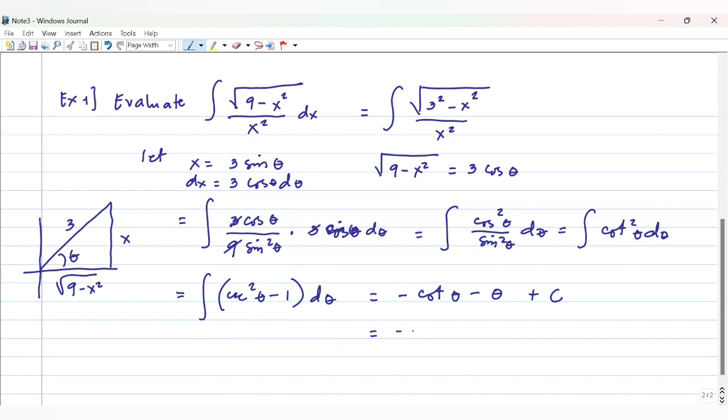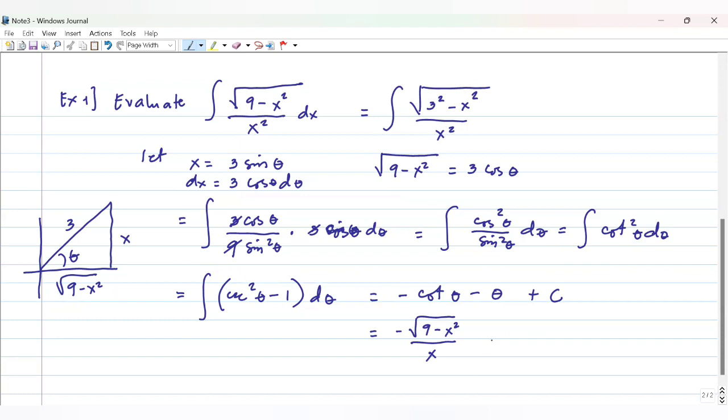It's actually the square root of 9 minus x squared over x. And that's the reciprocal of tangent theta. If tangent theta is opposite over adjacent, cotangent theta is adjacent over opposite. So this is your adjacent and this is your opposite side.